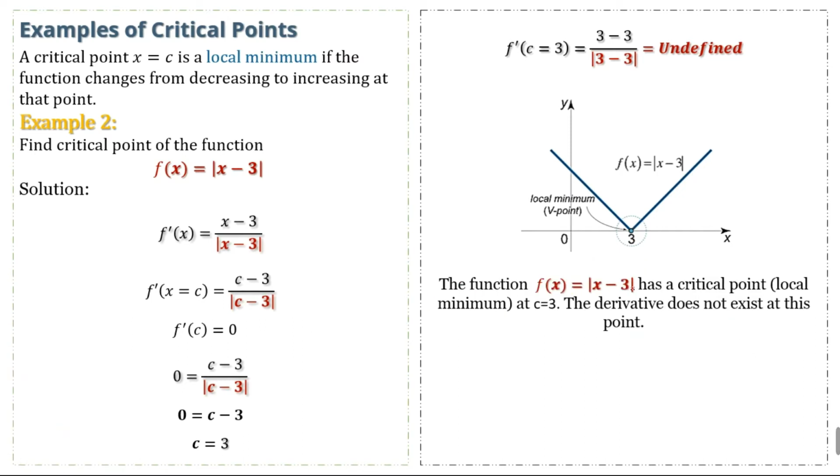So the function f(x) = |x − 3| has a critical point or local minimum at c = 3, and the derivative of the function does not exist at this point. This is the local minimum point (3, 0).